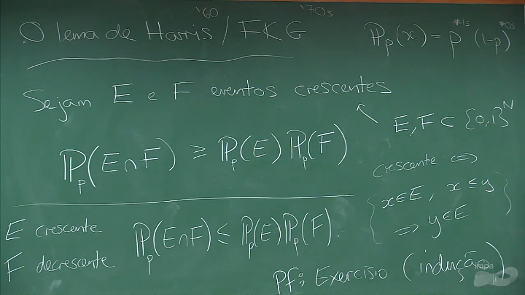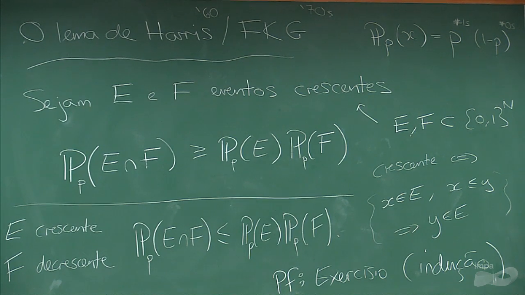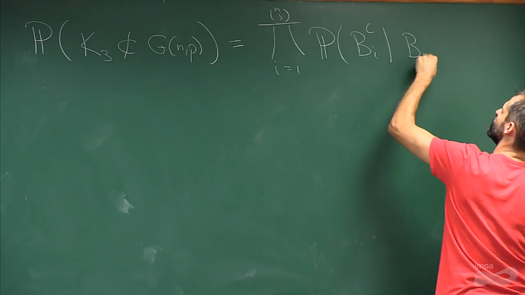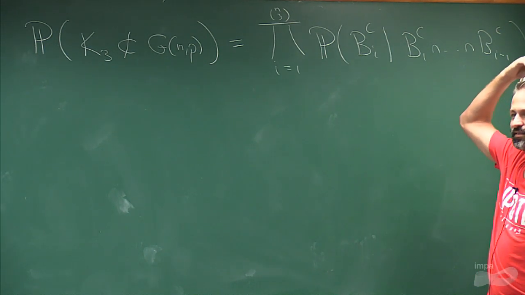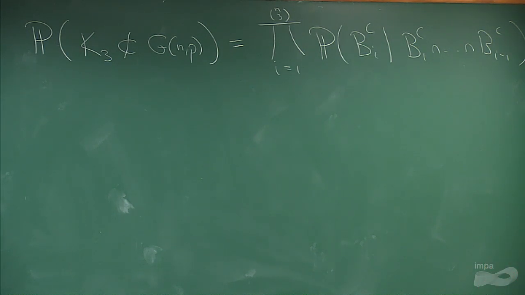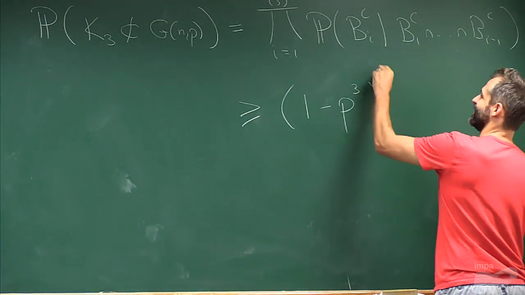The probability that there is not a triangle in G(n,p) equals the product from i equals 1 to n choose 3 of the probability of B_i complement given B_1 complement through B_{i-1} complement, which is at least, to the power n choose 3, the product of the probabilities of B_i complement.